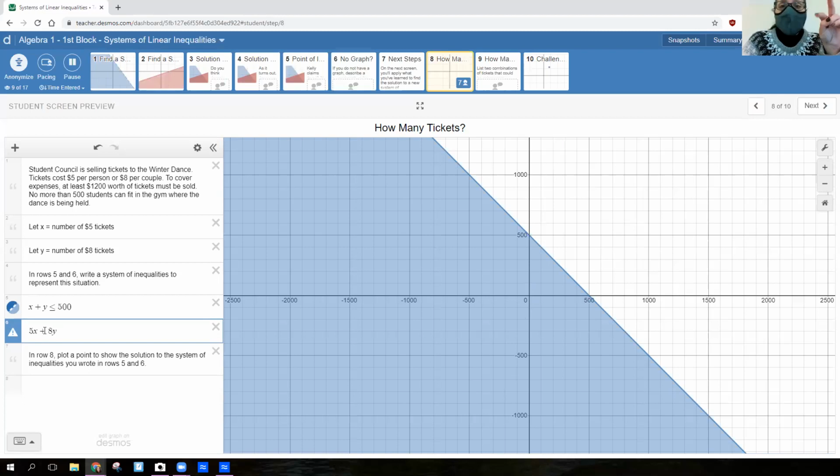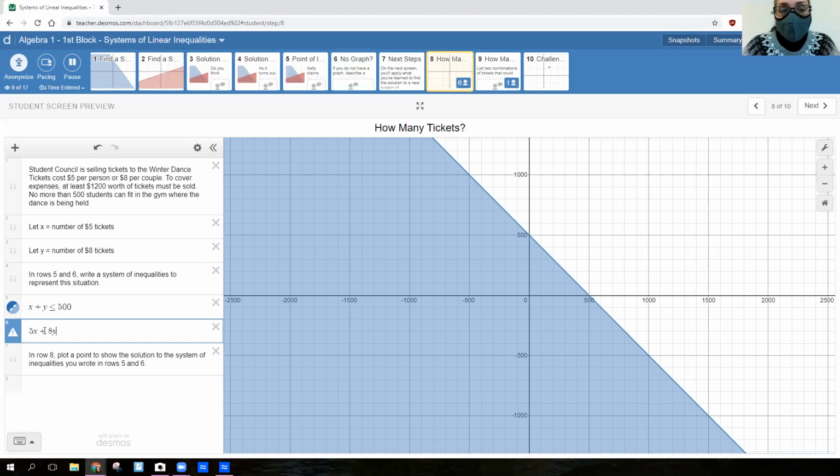Now this is money, because as soon as you multiply by 5 and you multiply by 8, that's how much money they're bringing in from all these tickets being sold. So they got to make at least $1,200. Remember when we were practicing at most, at least, less than, greater than, all that stuff. If we have the words at least, which inequality are you going to pick?